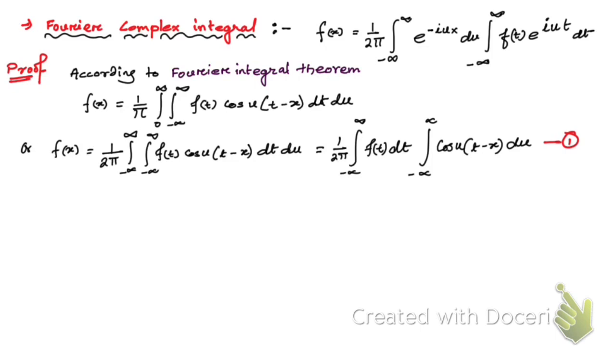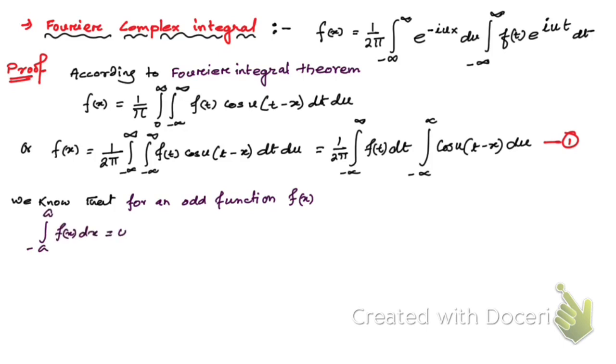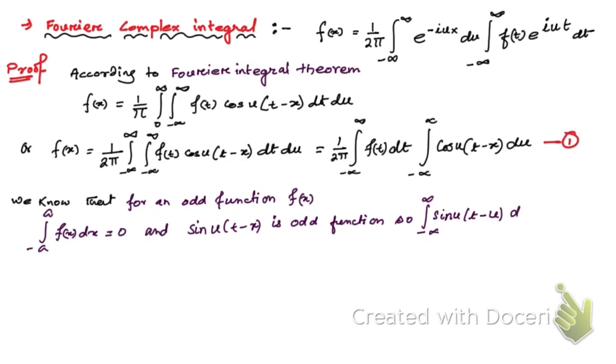Now, as we know, for an odd function f of x, integration from minus a to plus a of f of x dx is 0. Sine is an odd function, so sine u(t minus x) is odd, and its integration from minus infinity to plus infinity is also equal to 0.